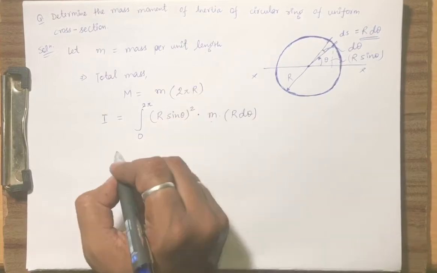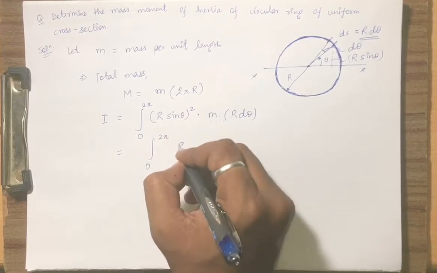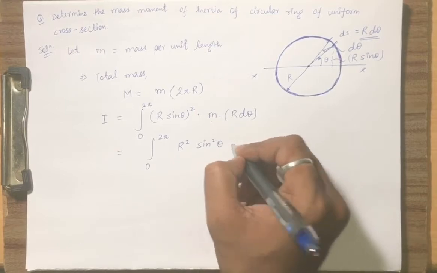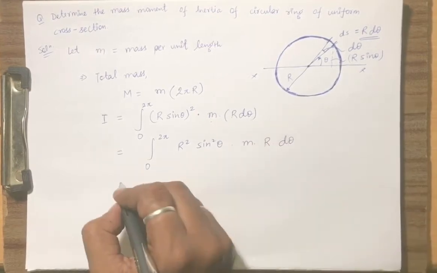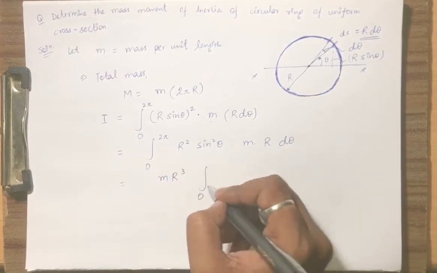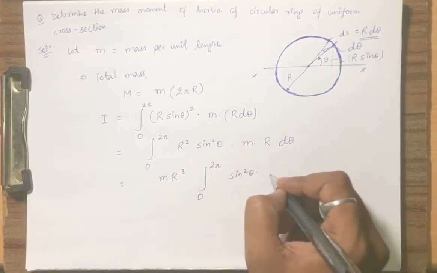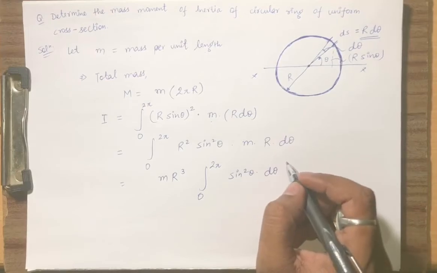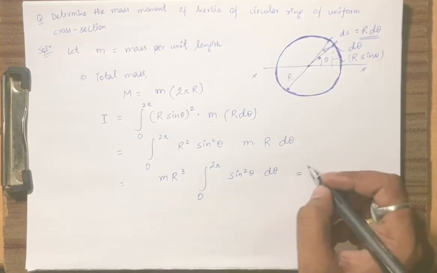So this has become very easy. So 0 to 2 pi r square sin square theta m into r into d theta. So m r cube, integral 0 to 2 pi sin square theta d theta. So this is nothing but pi.